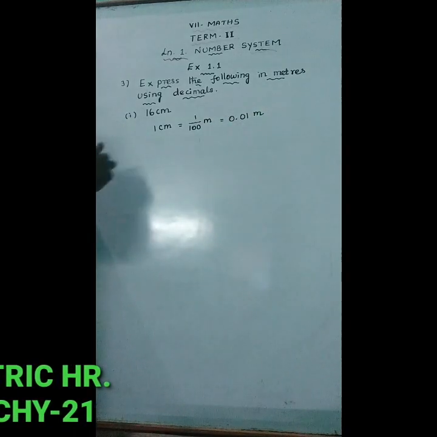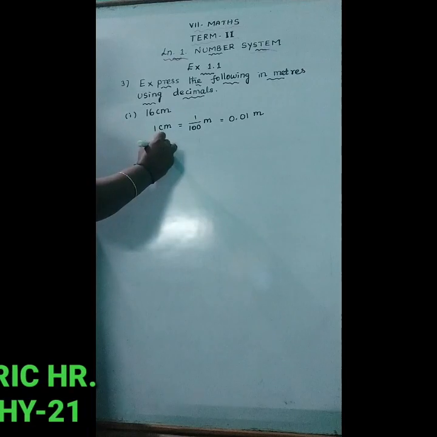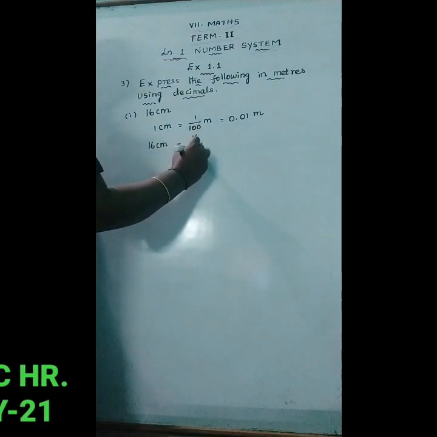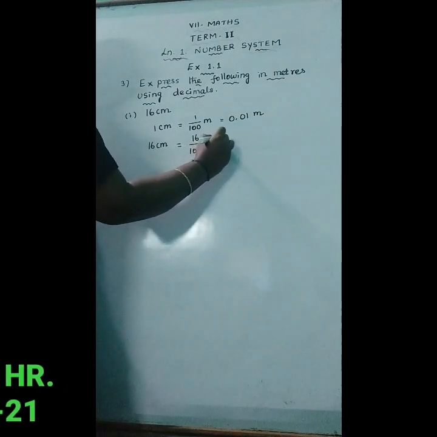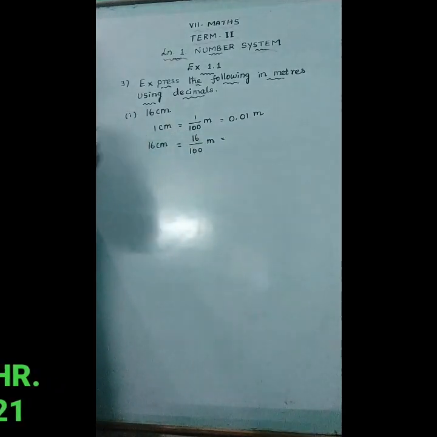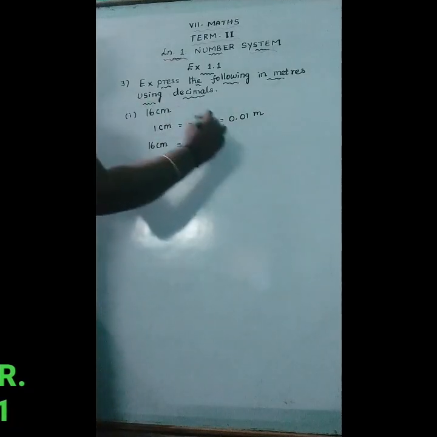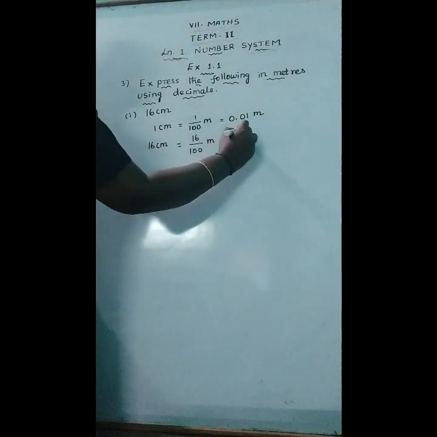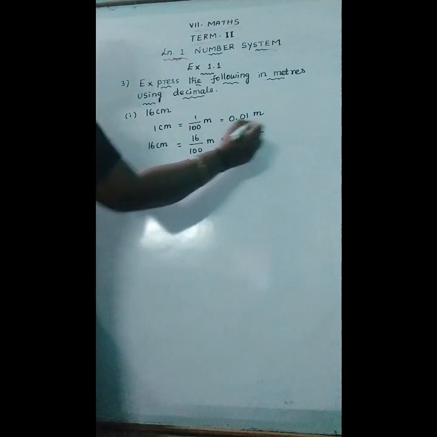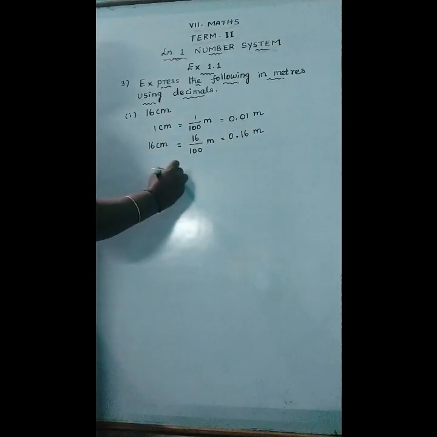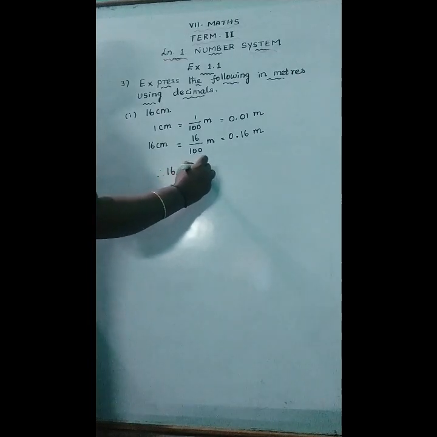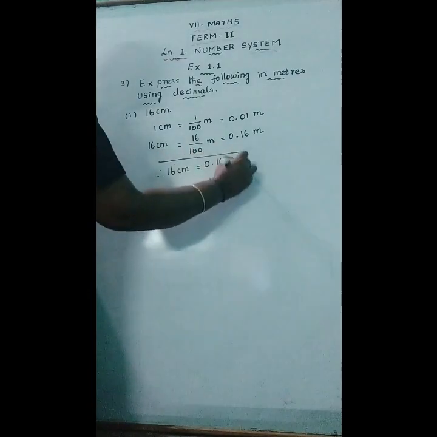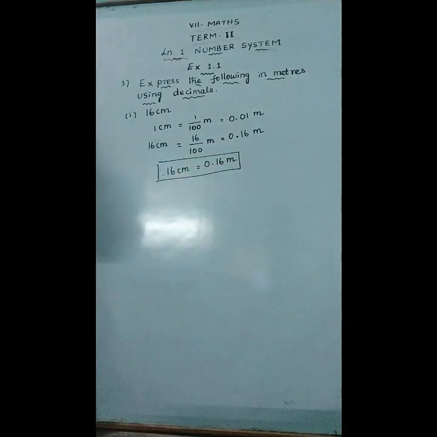So 16 centimeter is equal to 16 divided by 100 meter. We change into decimal notation, 0.16 meter. This is the solution for the first one.